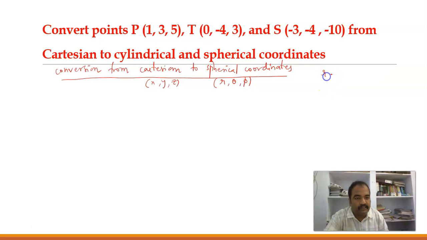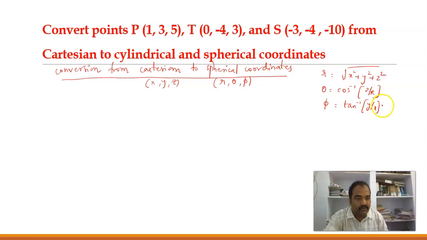So we know that r is equal to square root of x square plus y square plus z square. Theta is equal to cos inverse of z by r. And phi is equal to tan inverse of y by x, and we will apply the same formula.